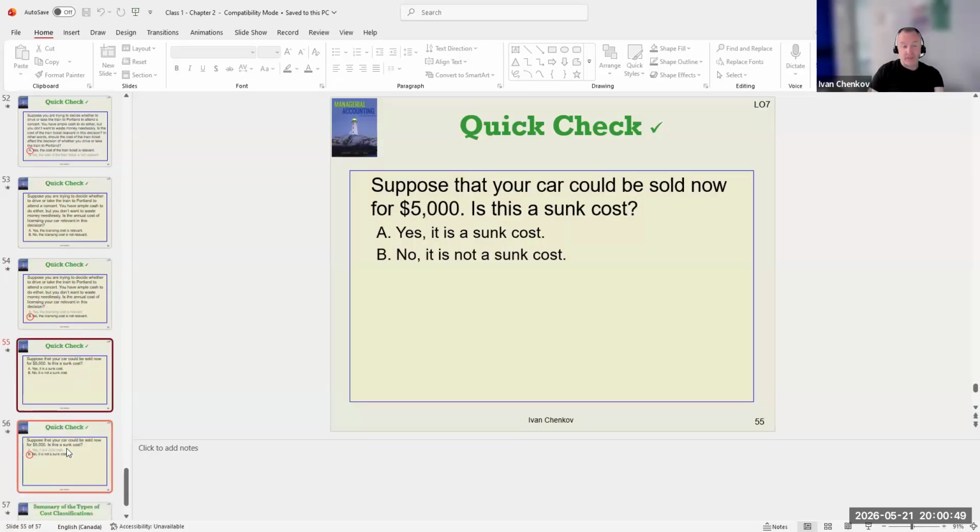So the last question, a tricky question, be careful with this question. I want you to get it right. Suppose that your car could be sold now for $5,000. Is this a sunk cost? What kind of cost is it? It's a tricky question. Is it a cost at all?